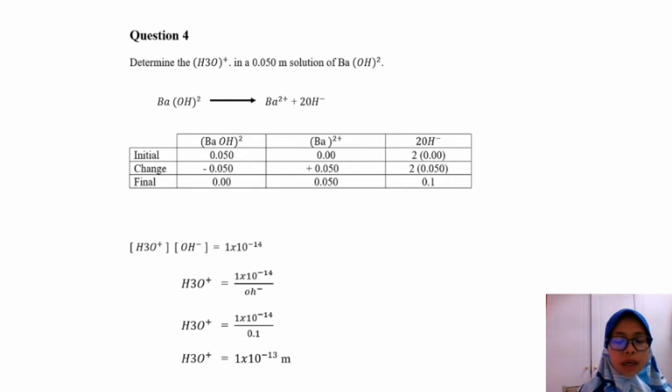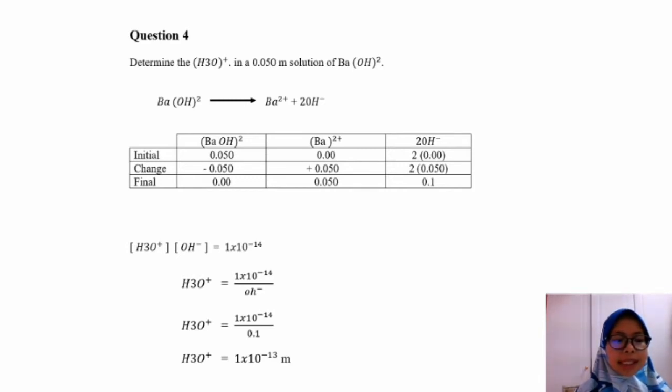I also will explain why it is a strong base. It is because it has more than one OH minus, which is 2 times. So we call it a strong base.